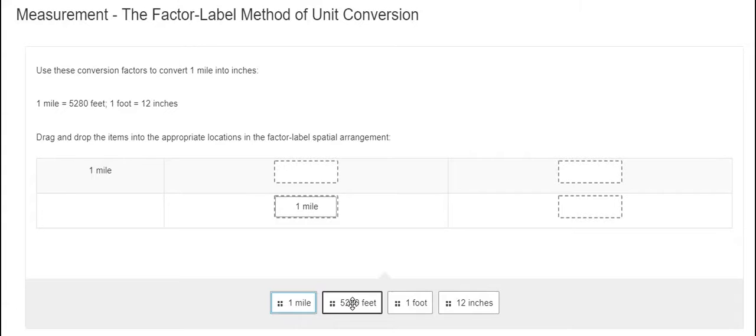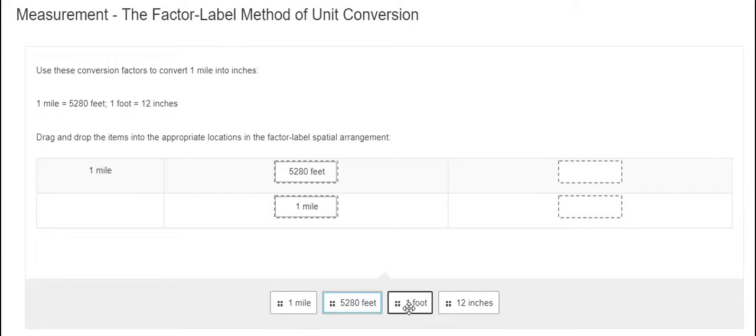Now we happen to know that in 1 mile there are 5,280 feet. So these two items stacked on one another, 5,280 feet over 1 mile, that constitutes a conversion factor, right? In other words, we know that there are 5,280 feet in 1 mile, and so this allows us to make that conversion. And like I mentioned a moment ago, we can cross cancel the miles.